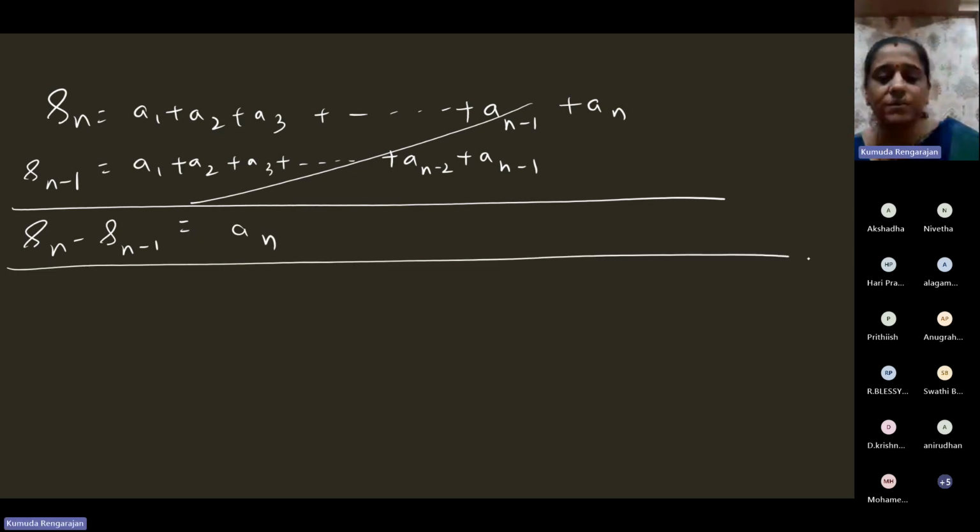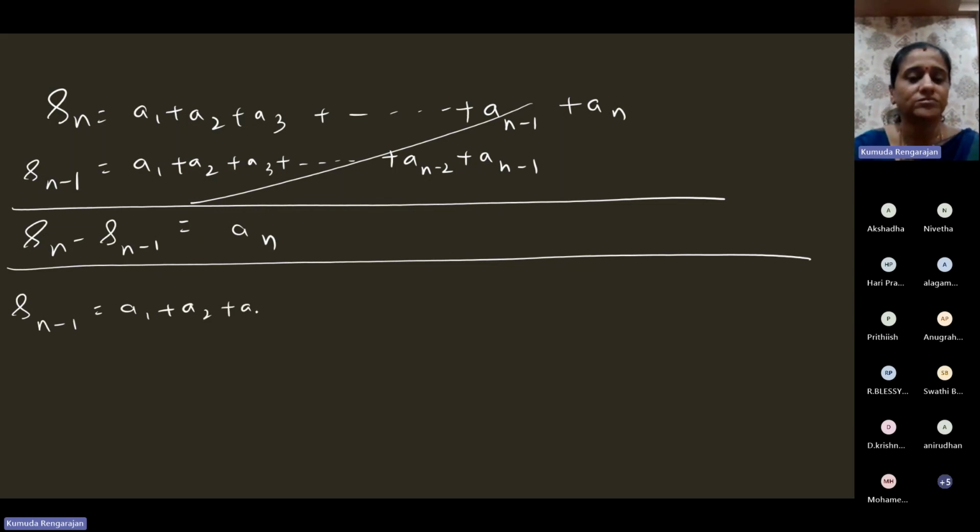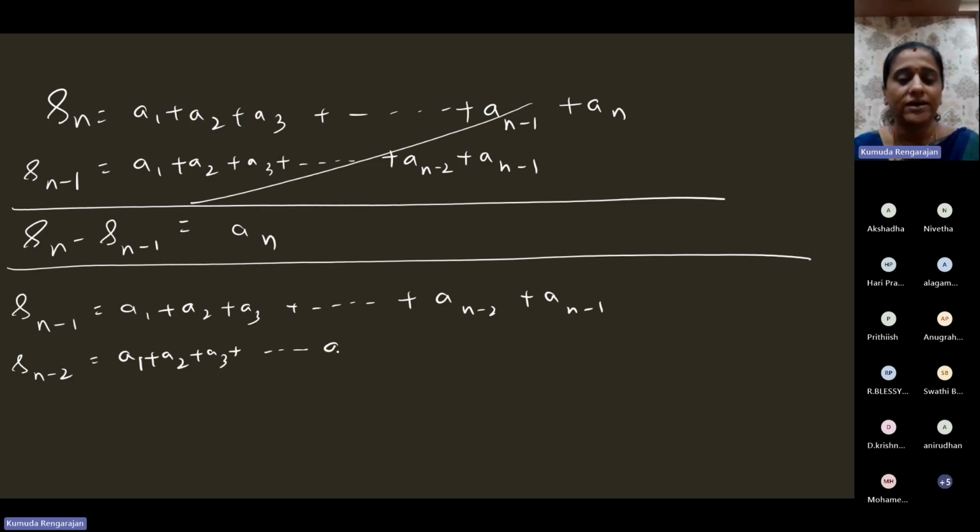Now in the same way, Sn minus 1 is equal to A1 plus A2 plus A3 plus An minus 2 plus An minus 1. Sn minus 2 is equal to A1 plus A2 plus A3 plus An minus 3 plus An minus 2.